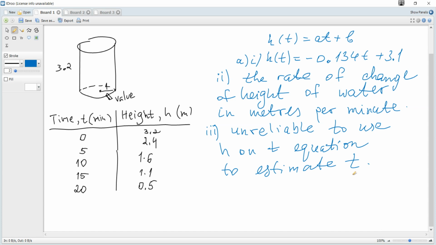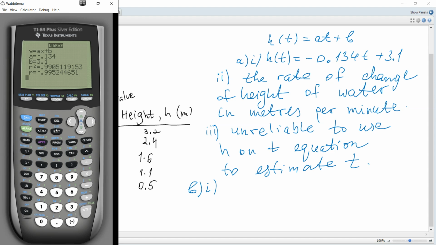Eve thinks she can improve her model by using a quadratic function h of t, which is pt squared plus qt plus r. And question bi, find the equation of the least squares quadratic regression curve, 1 mark. So using the same data, but we need quadratic regression.